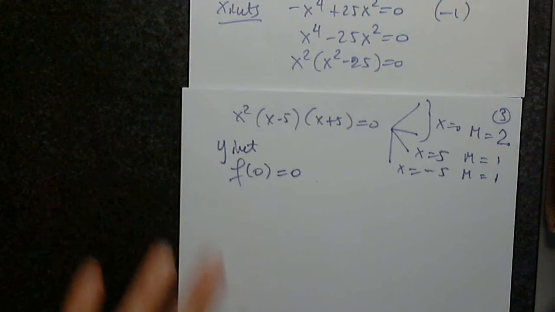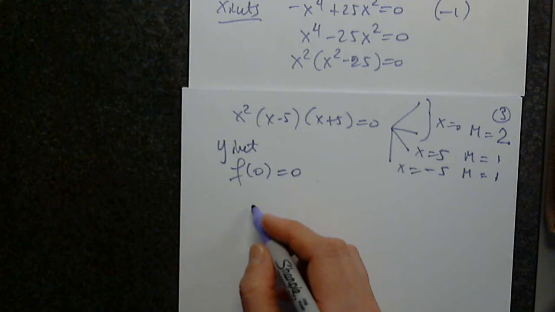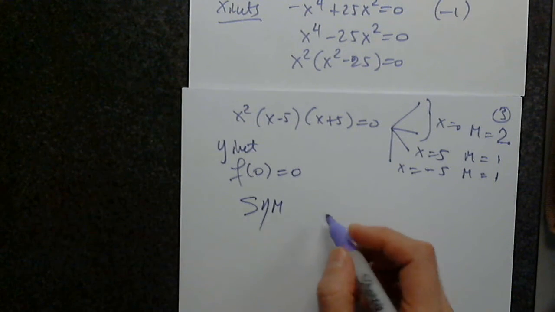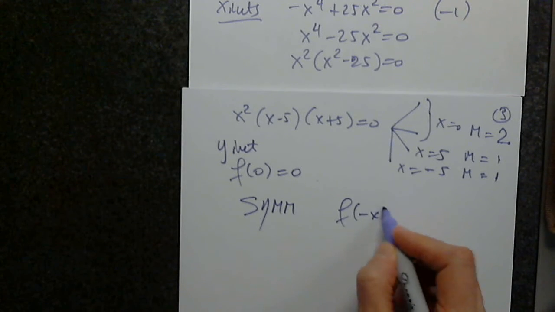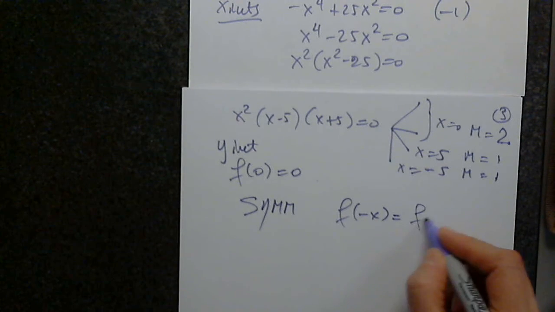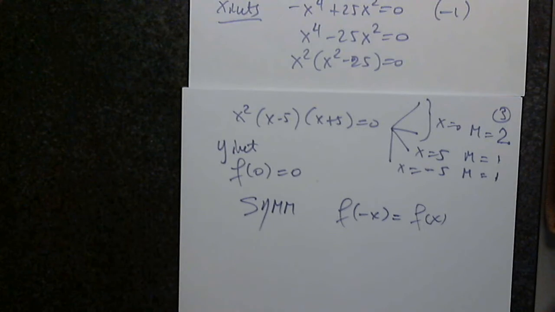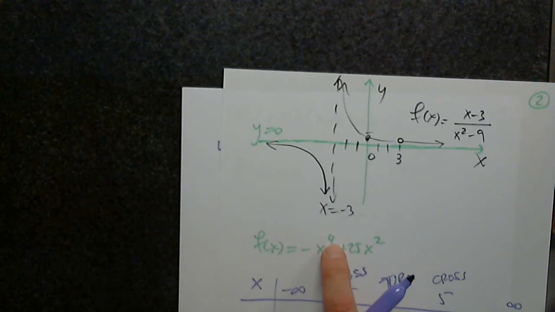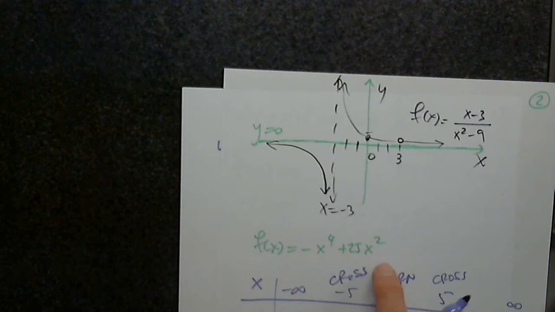So is this symmetric? What do I have to find in order to show symmetry? Excellent. F of negative x. Nothing changes in this function. It will equal f of x. Because if I replace x by negative x and I raise it to the 4th power, no change. If I replace x by negative x and I raise it to the 2nd power, no change.